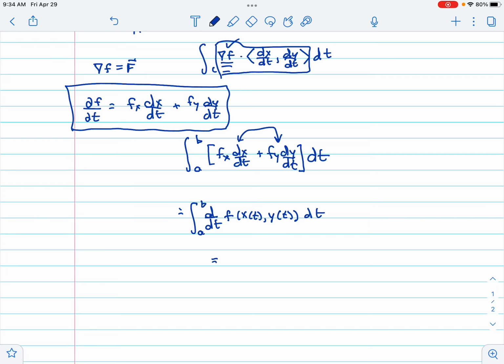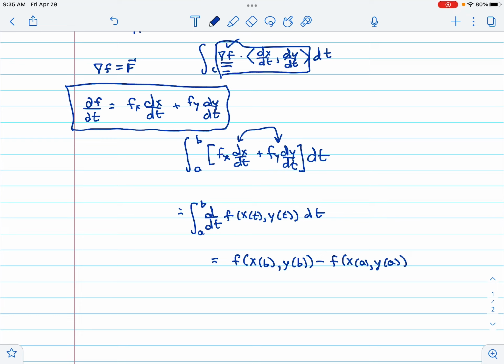Obviously, those kind of undo each other, and what we get is f of x of b, y of b, minus f of x of a, y of a.